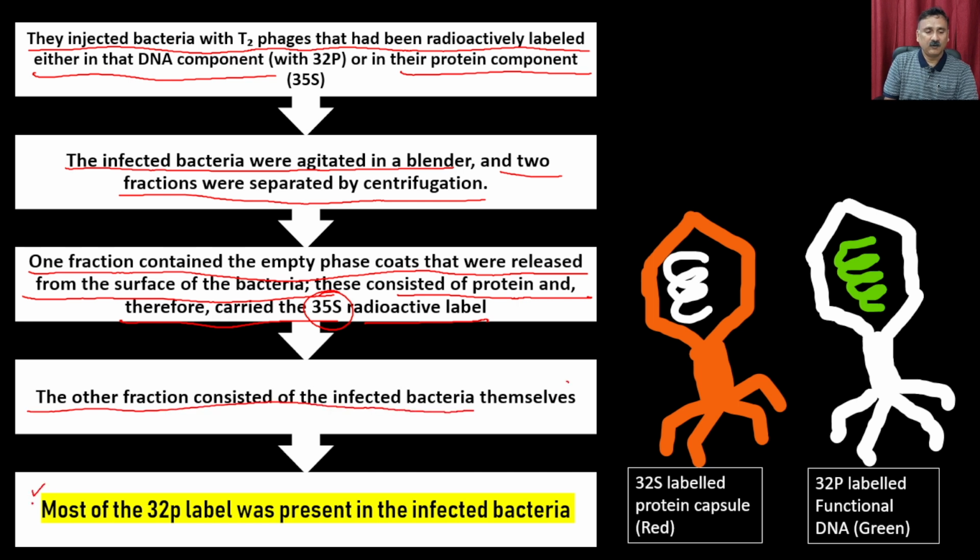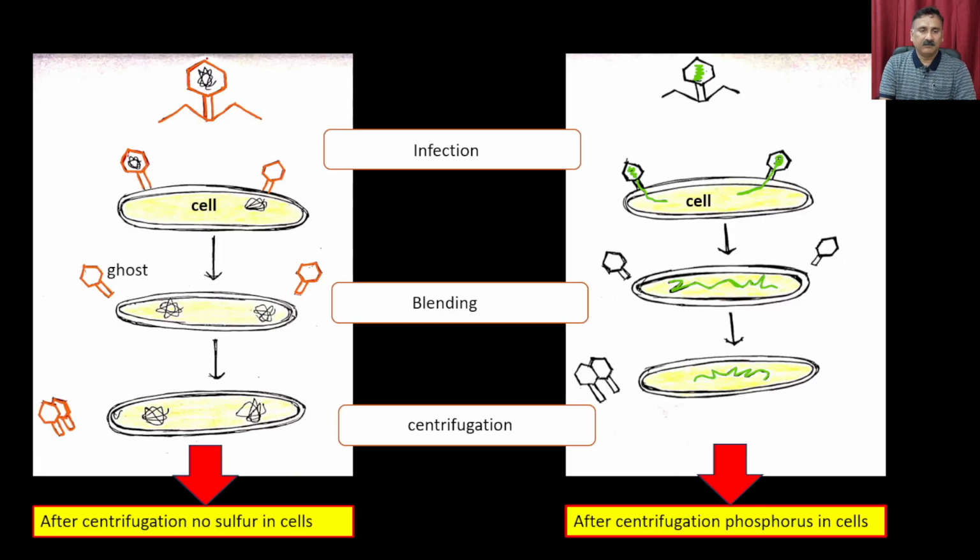Most of the 32P label was found in the infected bacteria. This means that when they did the agitation, they found that the protein, which is part of the coat, was always extracellular and was not carried within the bacteria. It was not getting into the bacteria. So when the virus infects, its coat remains outside.